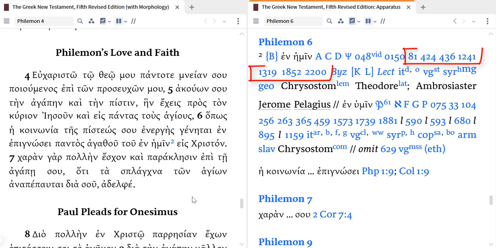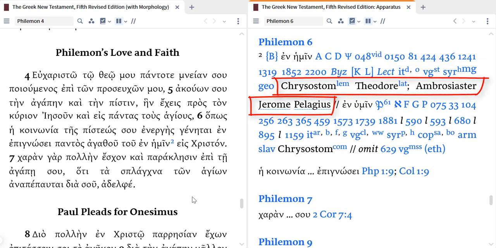Then we have lowercase manuscripts, minuscules, 81 through 2200. Then the Byzantine tradition on the whole, and they're pointing out in particular manuscripts K and L. Lectionary tradition, some translations or versions, Latin, Vulgate, Syriac, Georgian, and then church fathers.